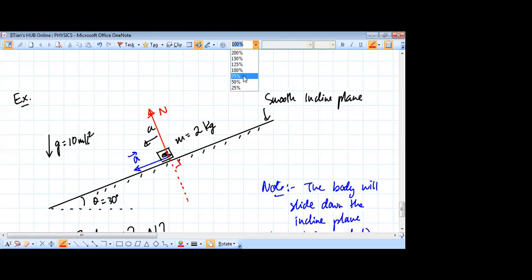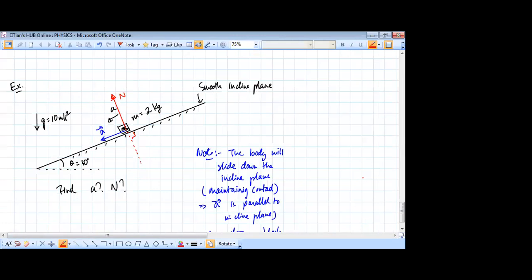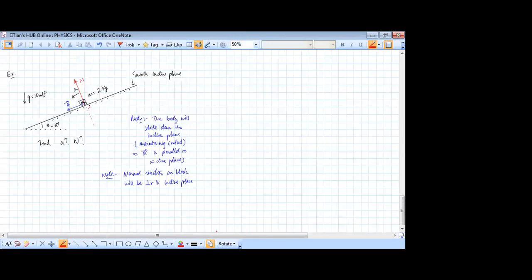So this is what we'll have to incorporate in our application of Newton's second law. Now, how we'll incorporate it, we'll discuss.